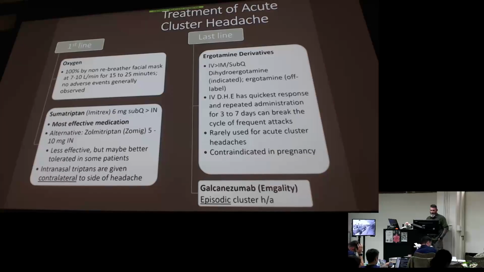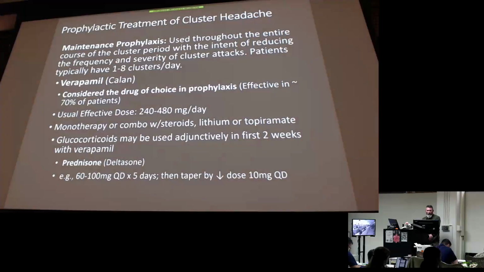And last but not least, I mentioned, I think, on one slide that one of our CGRPs can be used, only this medication, the Emgality, for cluster headaches. And it's a MAB, so it's a monoclonal antibody, injectable, right? All right.